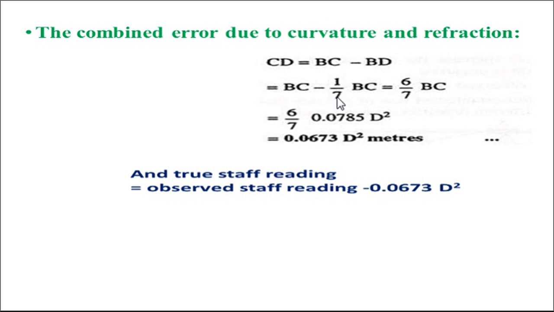So BC minus 1/7 of BC is equal to 6/7 of BC, which is equal to 6/7 of 0.0785 into d square. Finally, combined correction is equal to 0.0673 d square in meter. And therefore, true staff reading is equal to observed staff reading minus combined correction 0.0673 into d square. Next slide.